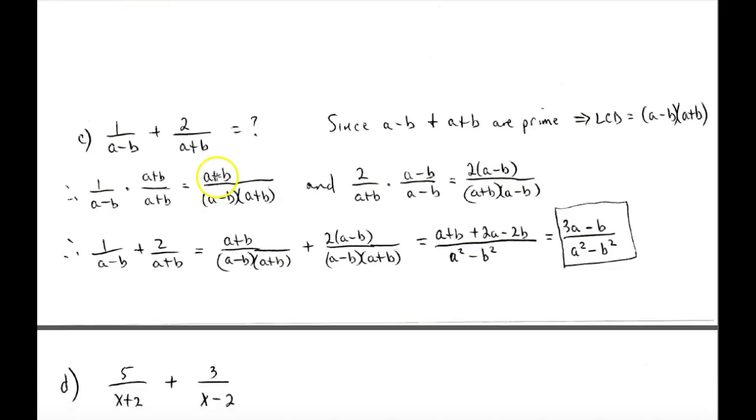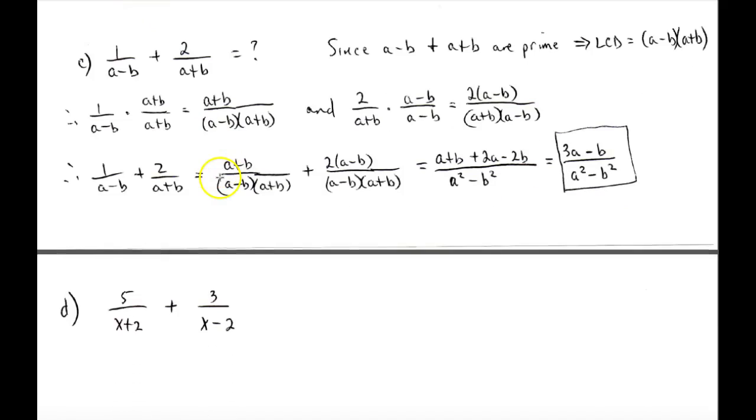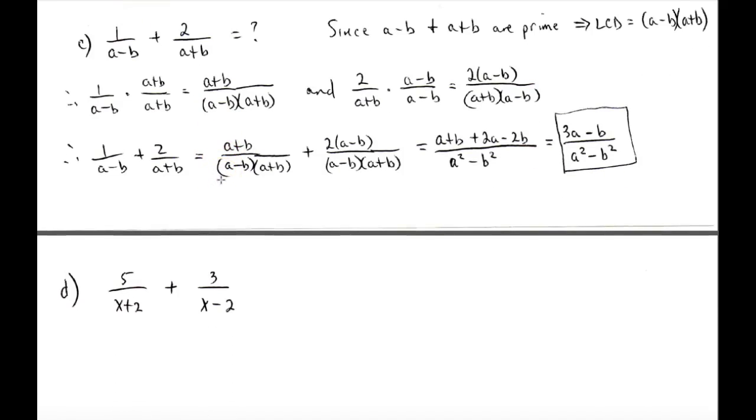All right, for our next example, we see that we have a minus b and a plus b. A minus b and a plus b are called prime expressions because the only factors that a minus b and a plus b have are itself and 1 respectively. So in this case, we multiply them together to find the LCD.